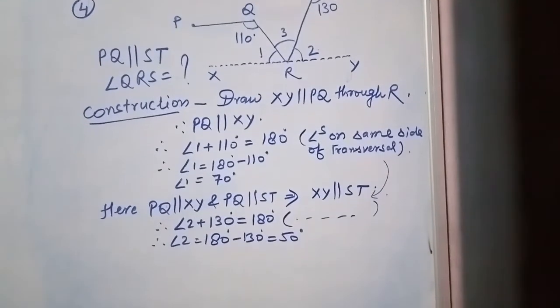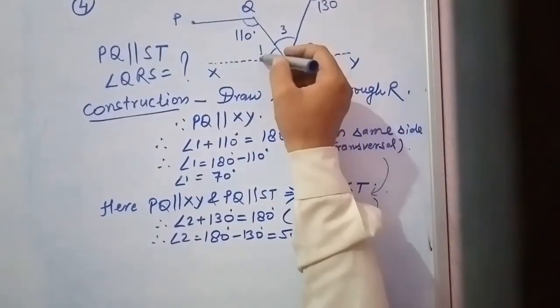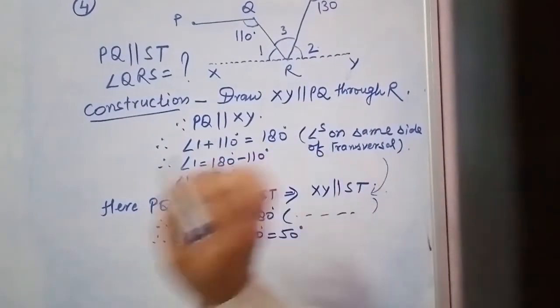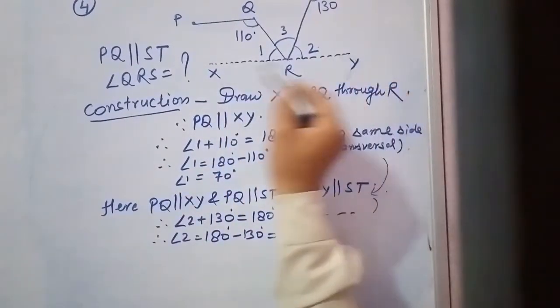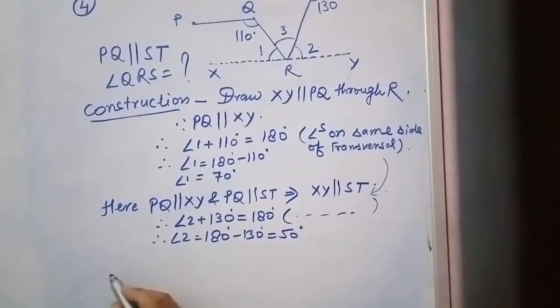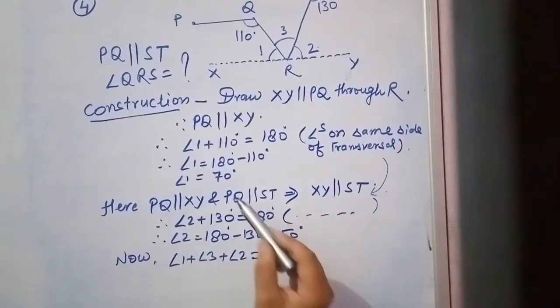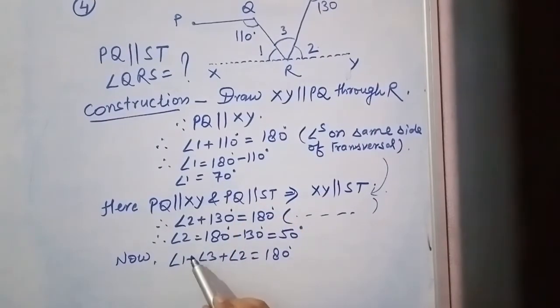Now here we see that angle 1 plus angle 3 plus angle 2 equals 180, that is a straight angle, since X, R, Y is a straight line. Now put the values of angle 1 and angle 2.